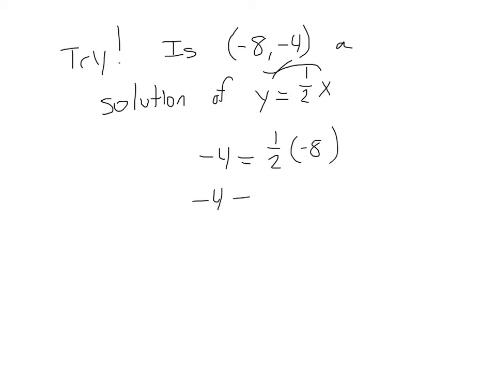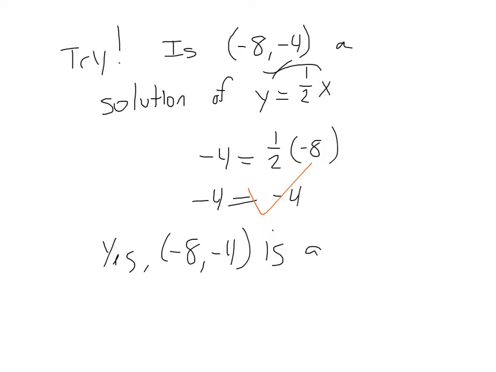So simplifying the right side, what's a half of -8? Well, it's going to be -4. And so there's our answer. Since we get a true statement, we would say yes, (-8, -4) is a solution of y equals 1/2 x.